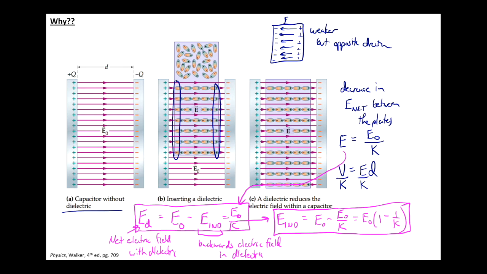Okay? I have some space here on a new slide next door. So we can say that the original electric field, again, is coming from the charge on the plates. And that's going to be equal to the charge density on the plates divided by epsilon naught. This equation should come from a previous chapter.